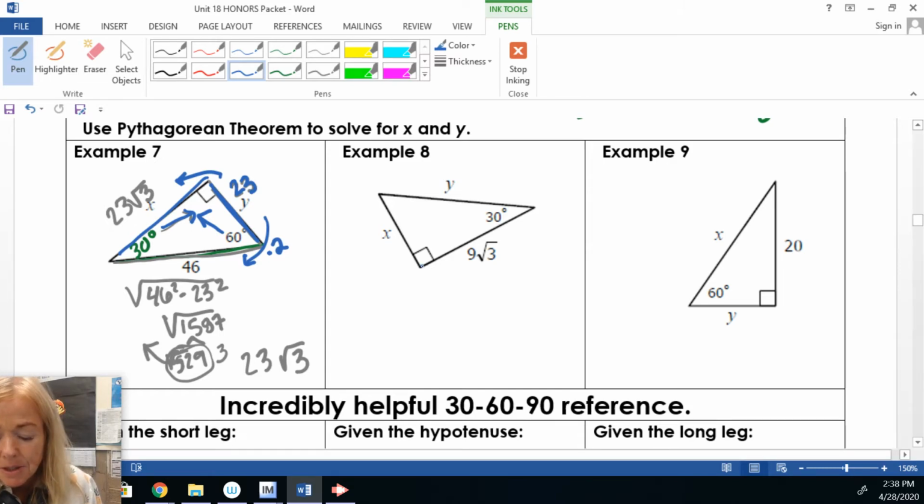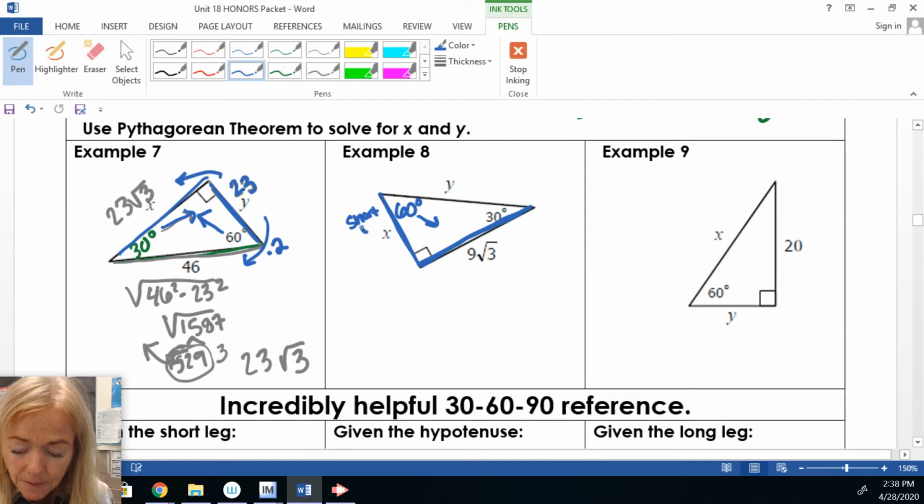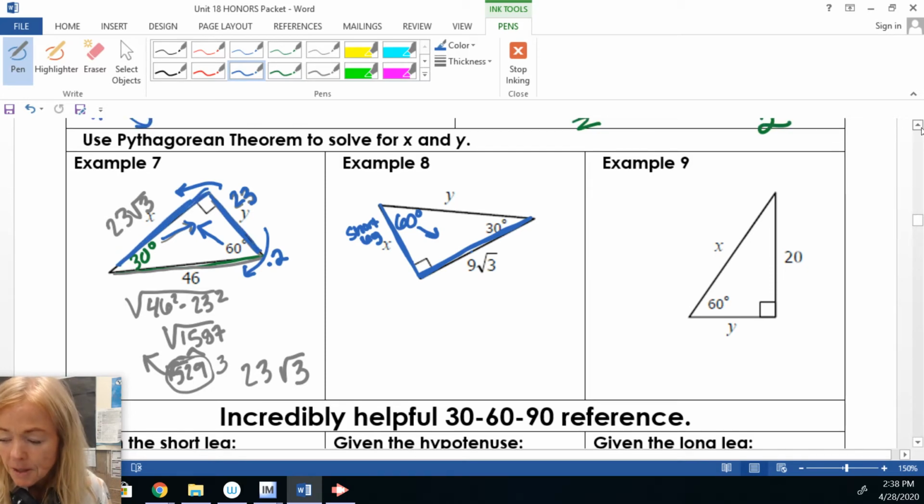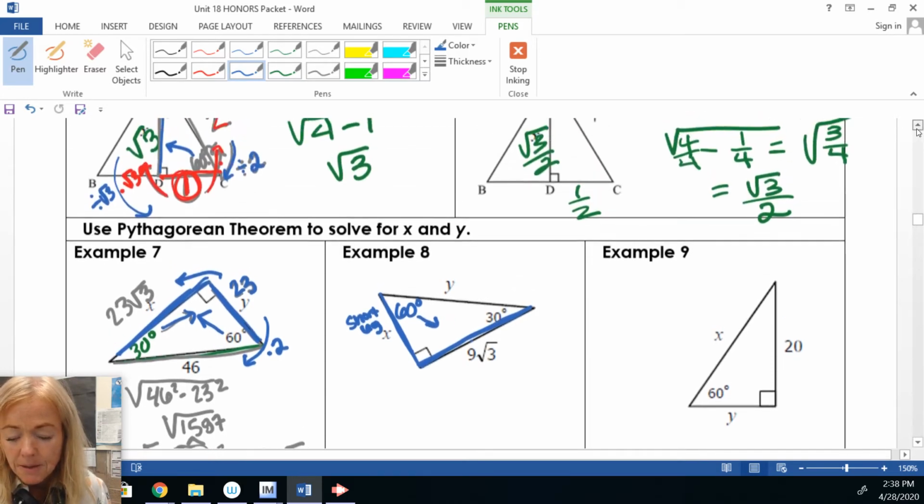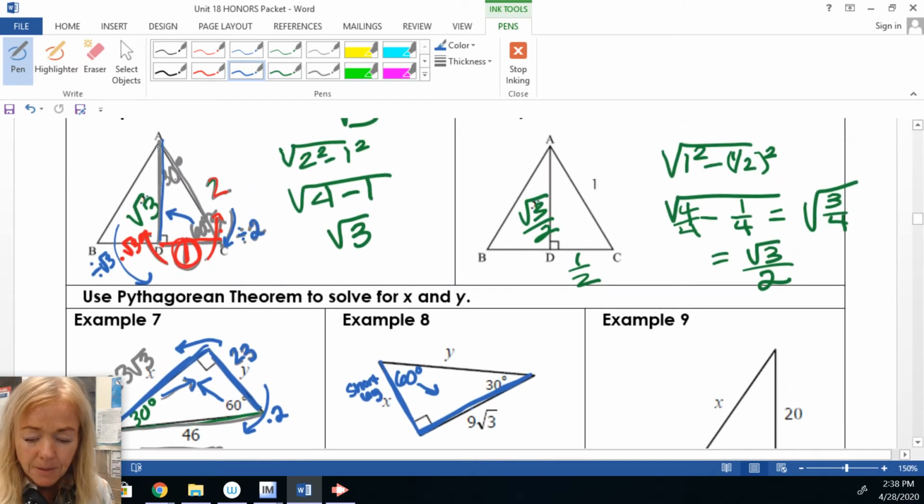Now, looking at this next triangle, this is the longer leg. It's across from the 60-degree angle. What we have here as x is going to be the shorter leg. To go from longer leg to shorter leg, if I'm at the longer leg and I want to go to the shorter leg, I divide by radical 3.